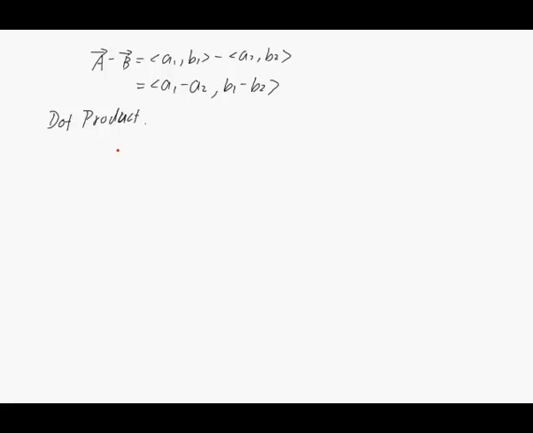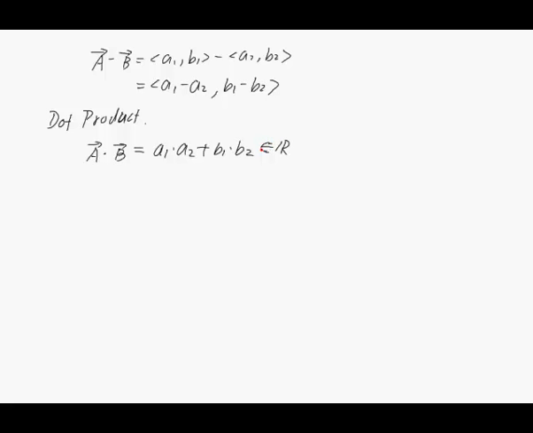So if we have the two vectors a and b, then the dot product of a and b is defined as a1 times a2 plus b1 times b2. So right now you see this dot product is a real number, right?